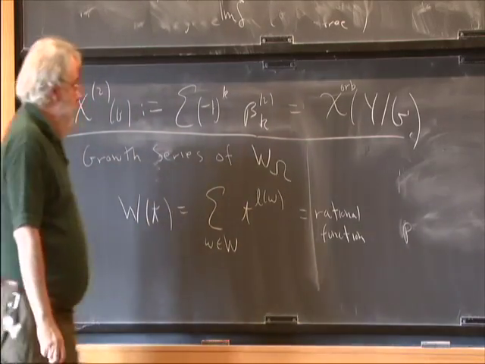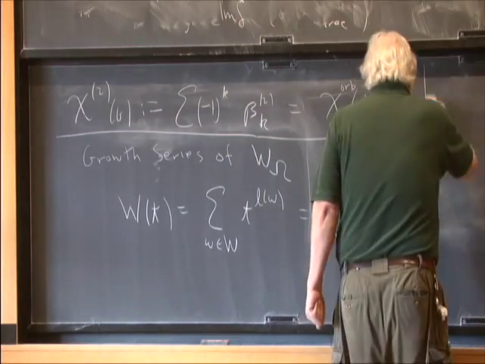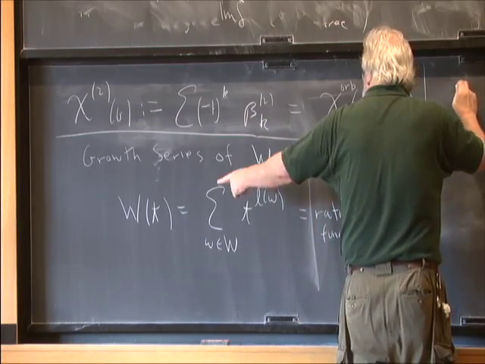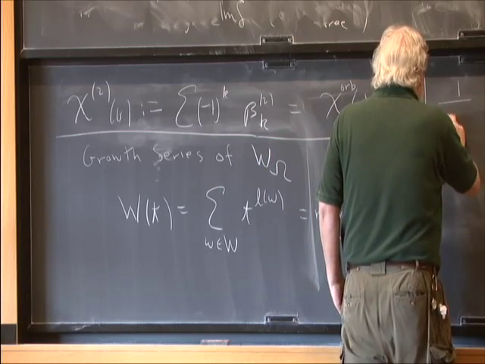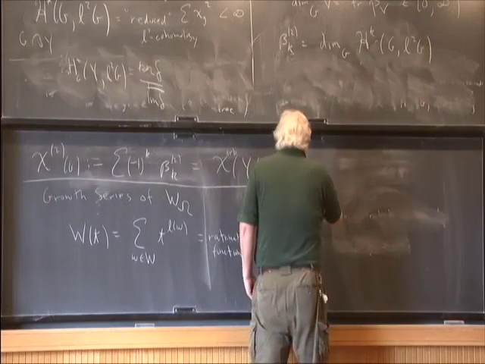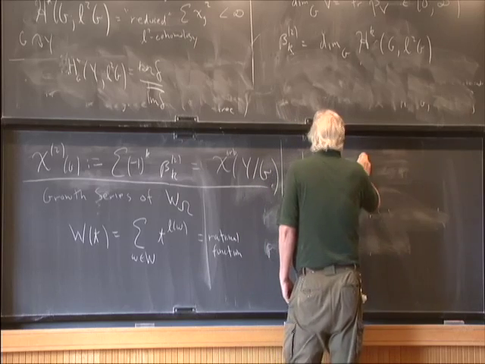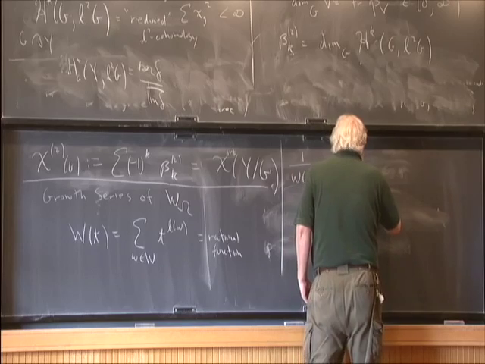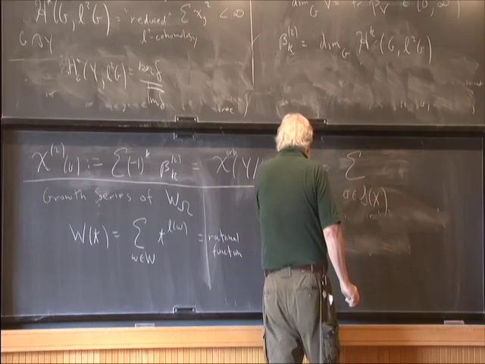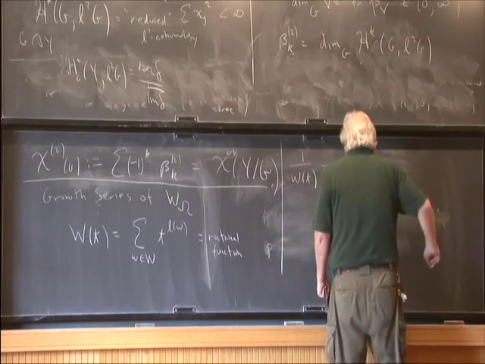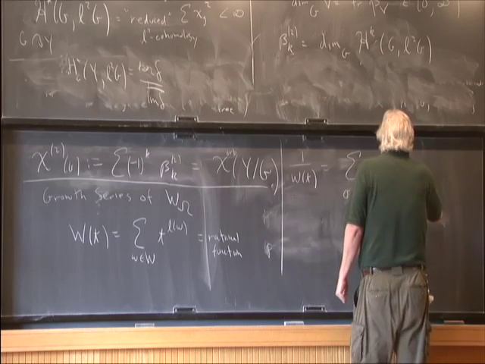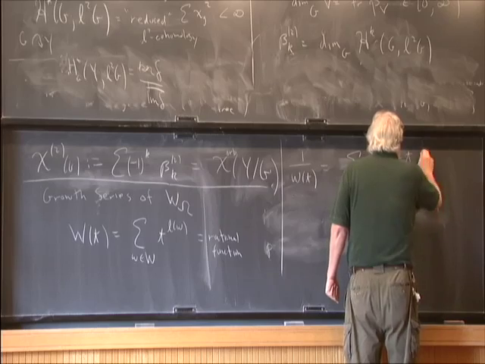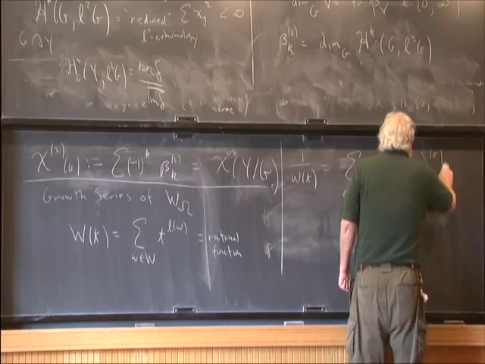And in fact, they give various explicit forms for it as a rational function. One of the nicest ones is this. It's the formula for 1 over this power series. For 1 over W(t), it says it's the summation over simplices in this same flag complex of minus t divided by 1 plus t to the dimension of the simplex.